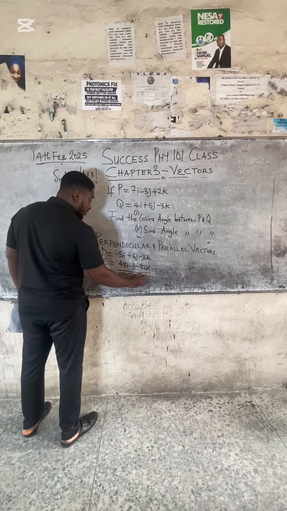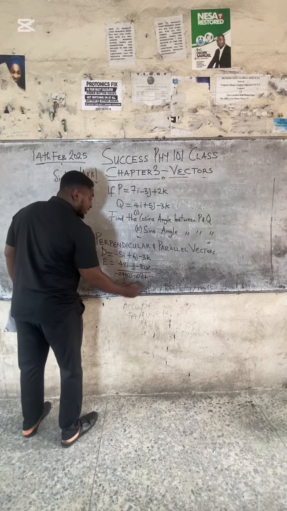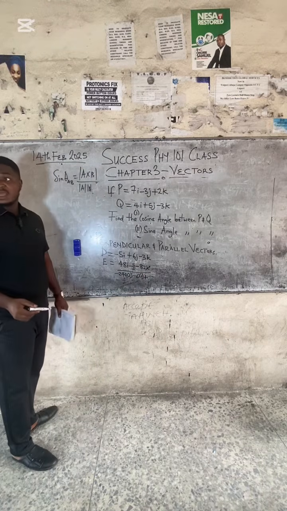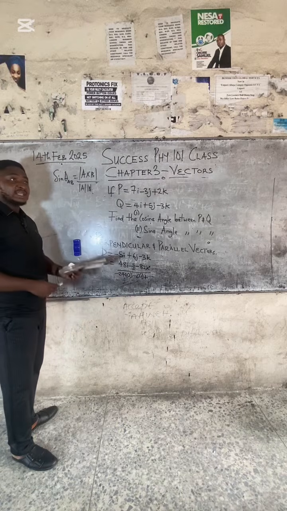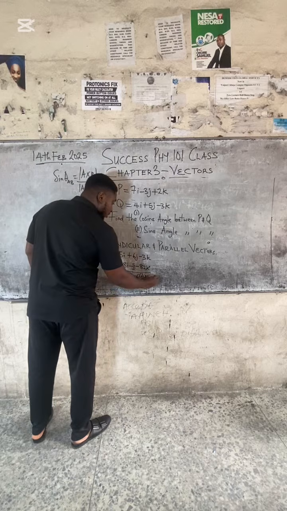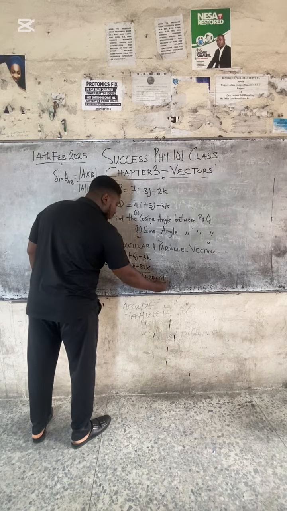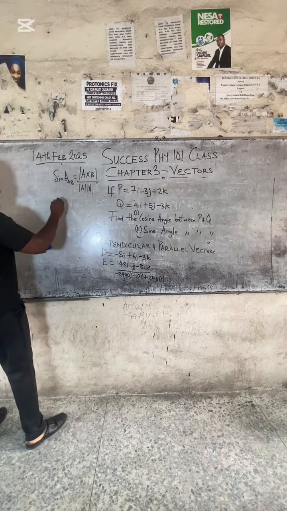Minus 3 times minus 82 is plus, because minus times minus is plus. 3 times 82 is 246. K to K is 1.